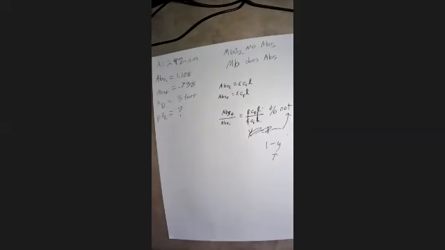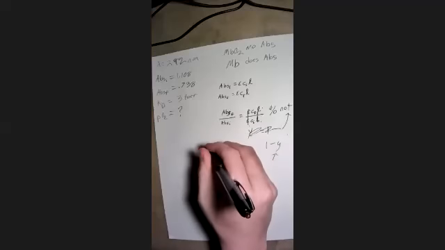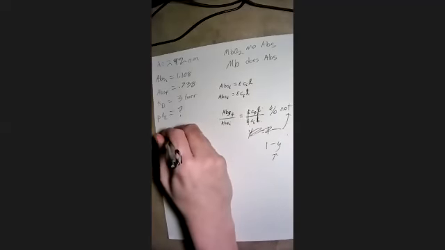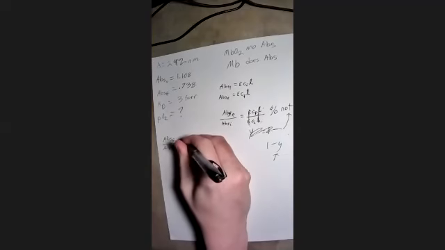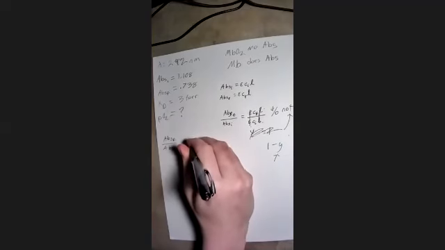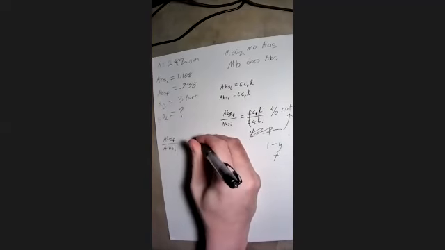All right, so the final absorbance over the initial absorbance is going to be 0.738 divided by 1.108. It's going to be equal to about 0.666.